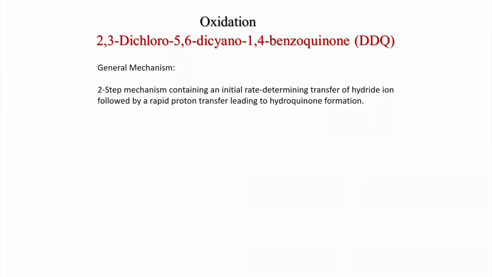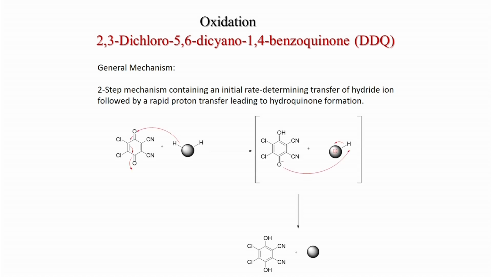What is the general mechanism, how DDQ operates in the reaction? So, this is generally a two-step mechanism containing an initial rate determining transfer of hydride ion followed by a rapid proton transfer leading to hydroquinone formation. So, this is the main reaction that happens actually, that H minus first reacts, also electron also can react first here, because this is an electrophilic compound, this is parabenzoquinone.